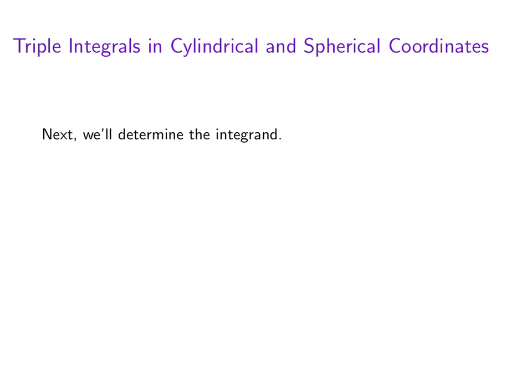Now let's figure out what the integrand is. All we've done so far is just describe the region of integration. Now let's talk about what we're integrating. Our mass density function is k times the square root of x squared plus y squared.